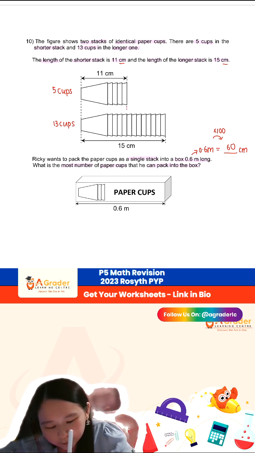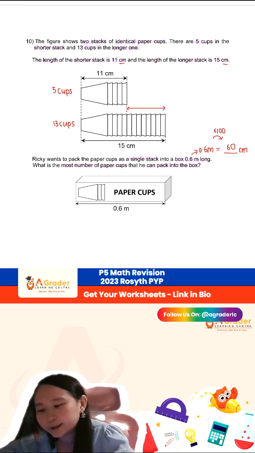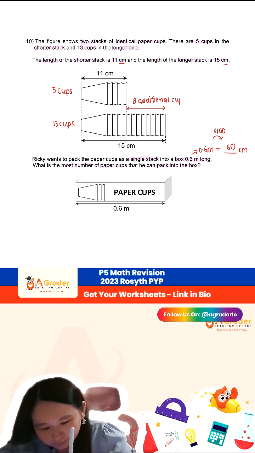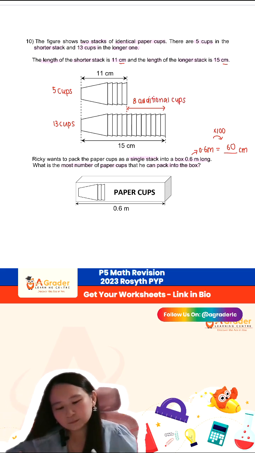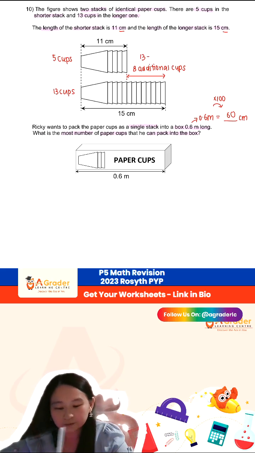And then can you see from here to here? This is the length required for 8 additional cups. Okay, so this comes from the difference between 13 cups and 5 cups.